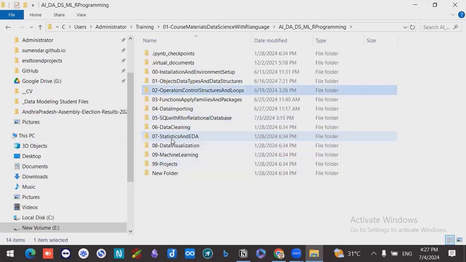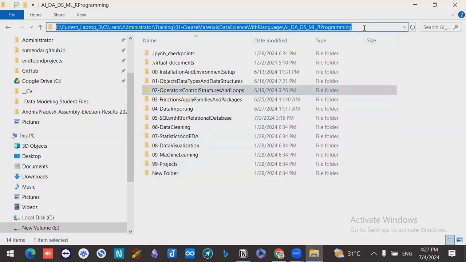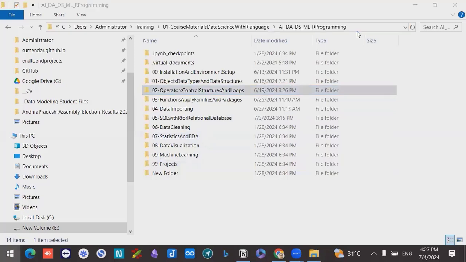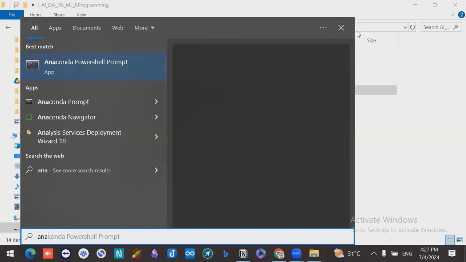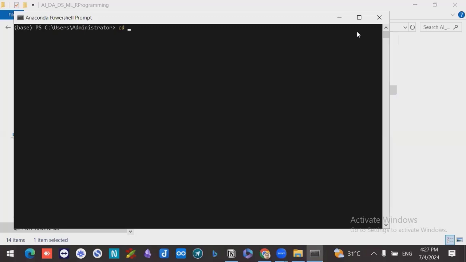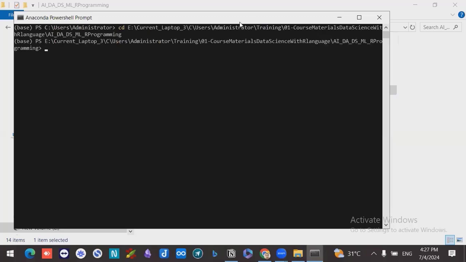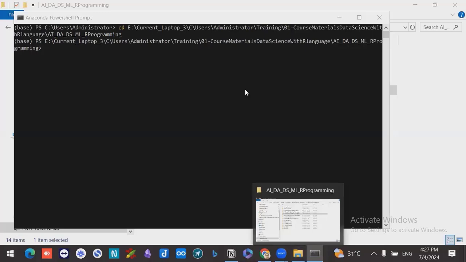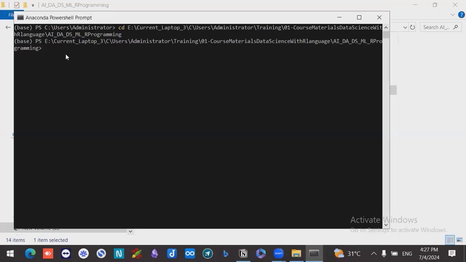Okay, that's fine. Now just copy this code along with the regular revision, go to your prompt, and change the directory. You can write the command called Jupyter Lab.